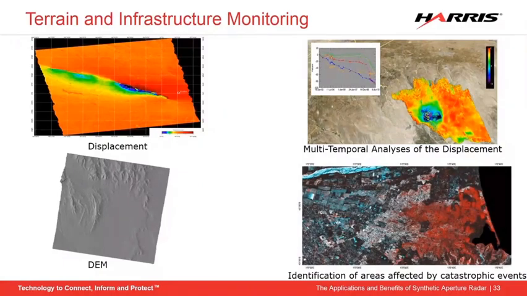As we're processing more and more scenes, we're able to get rid of noise such as atmospheric effects, and you can track when these major displacements begin to occur. And so as you can see in the top left-hand corner of that figure, we're able to track these specific pixels over time and see when this displacement is beginning to happen, especially with that green and yellow line at the very top where there's a sudden downturn. Now, in the bottom right-hand corner is something called coherence change detection.